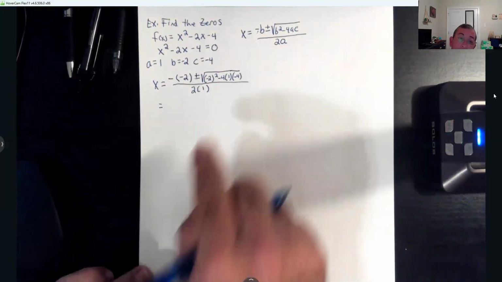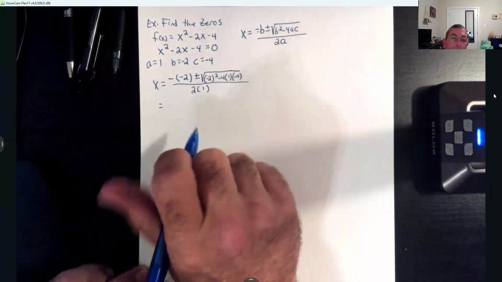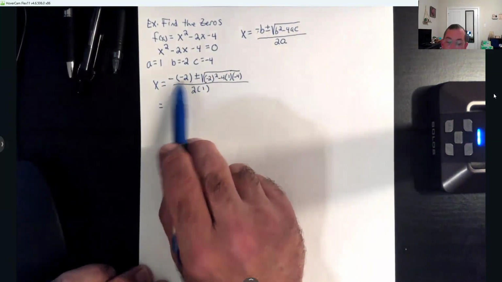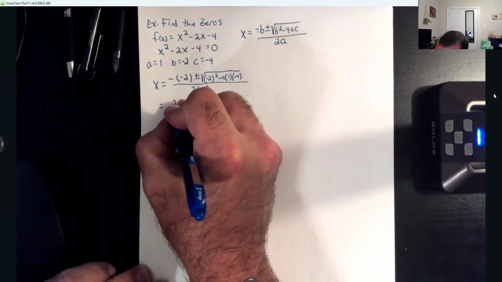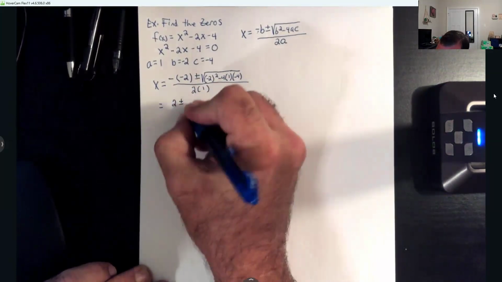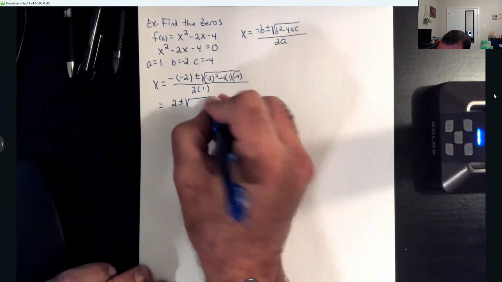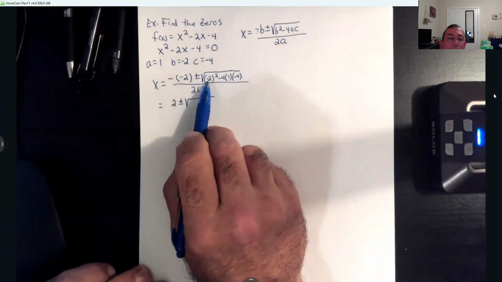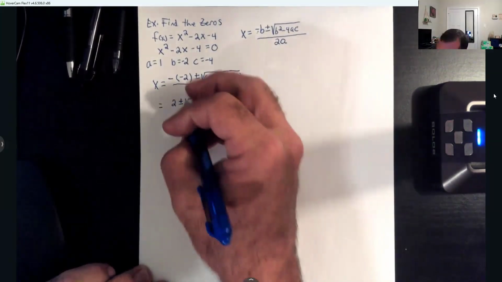So y'all, it's now just a matter of starting to simplify this. This negative times negative makes that a positive 2 plus or minus square root. Negative 2 times negative 2 is a positive 4.